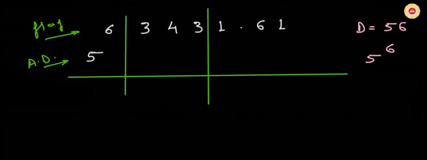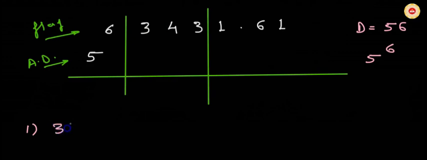Now friends, let us start the actual division process. Step number 1. Starting from the left side, consider first digit 3. 3 is less than actual divisor 5. So join the second digit from the left side to this 3. Now we have 34.